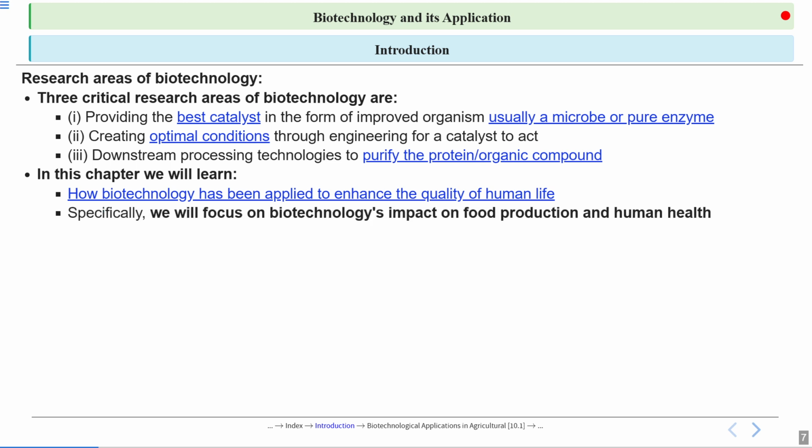Specifically, we will focus on biotechnology's impact on food production and human health. Our main focus in today's chapter will be how biotechnology is impacting our food production and human health.